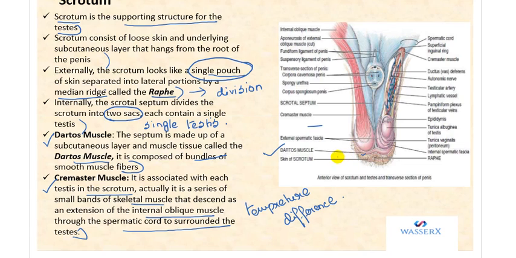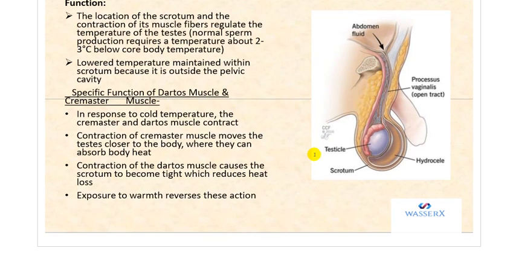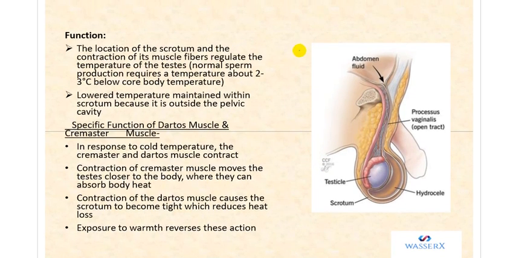Okay, so now let's move on to the function. Now you'll understand what the function is. The location of the scrotum and the contraction of its muscle fibers regulate the temperature of the testis. I told you about the temperature difference, right? Normal sperm production requires a temperature about 2 to 3 degrees Celsius below core body temperature.